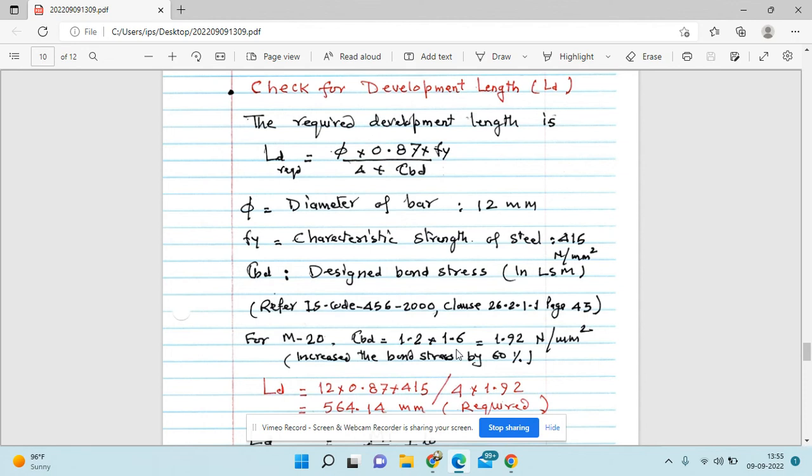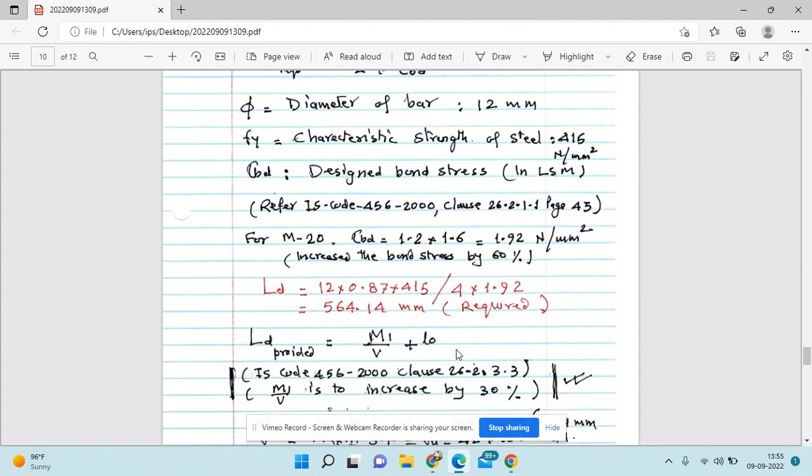Phi is the diameter of the bar that we are using, that is 12, Fy already known as 415, and tau BD is the design bond stress. As per the code, page number 43, for M20, tau BD is given as 1.2.